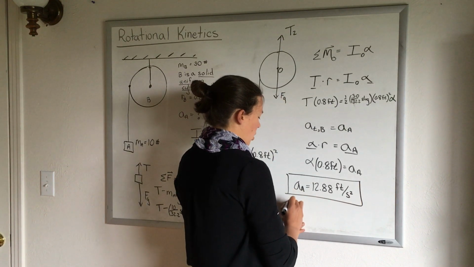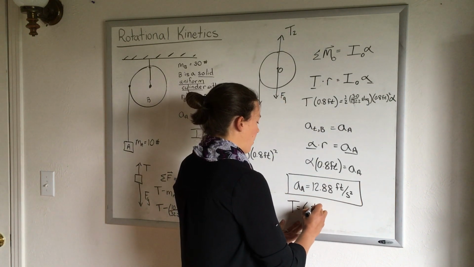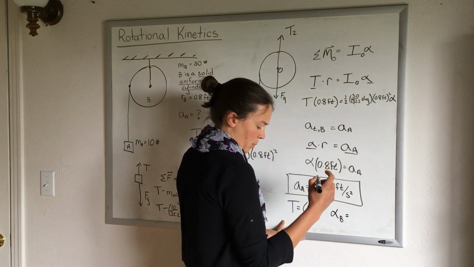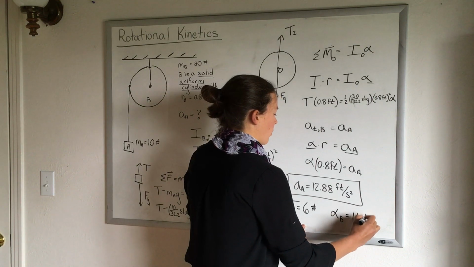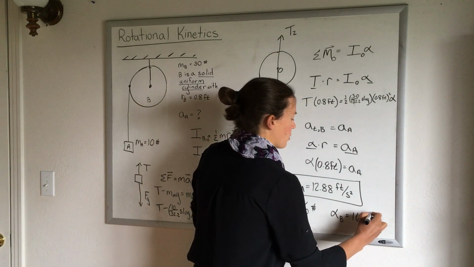And if you want to, you can also solve for the other unknown variables. The tension I got is 6 pounds, and the angular acceleration of the cylinder B I got is 16.1 radians per second squared.